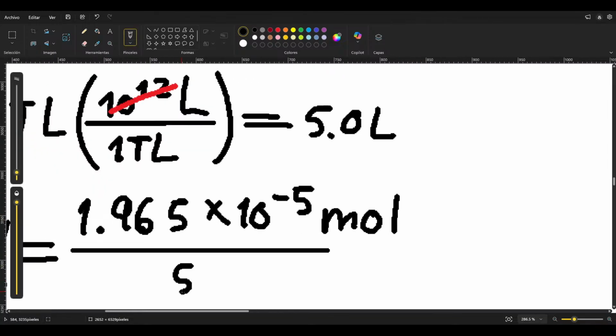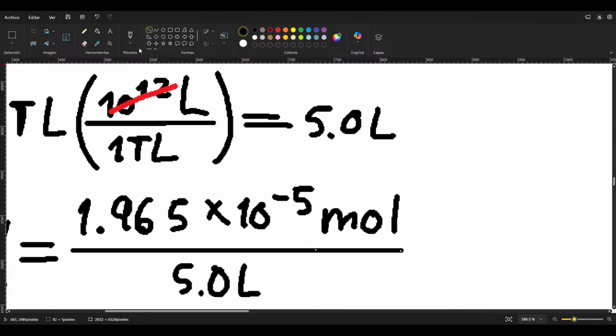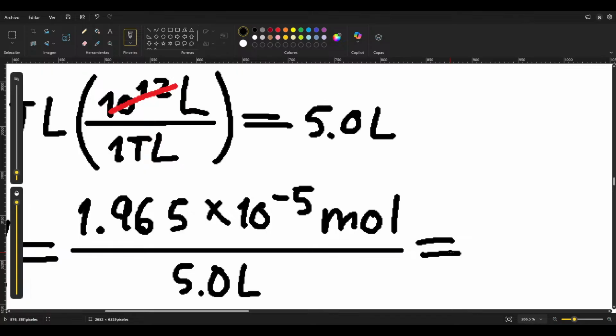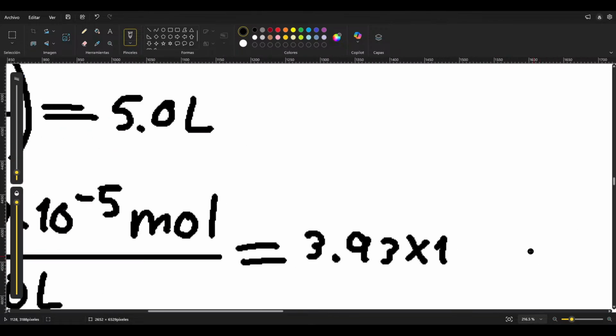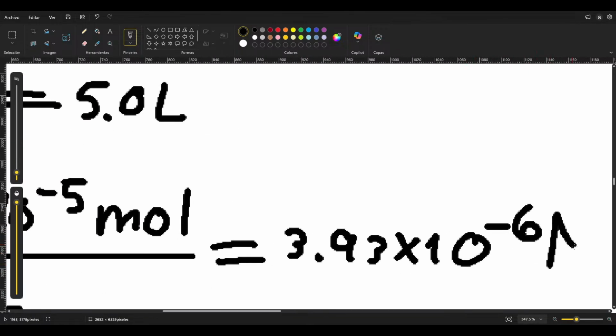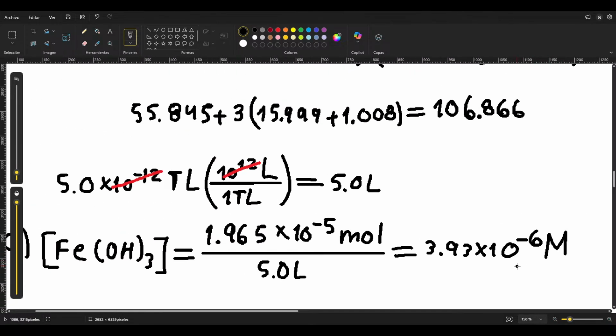So this over 5 liters. So this is 3.93 times 10 to the negative 6, capital M.